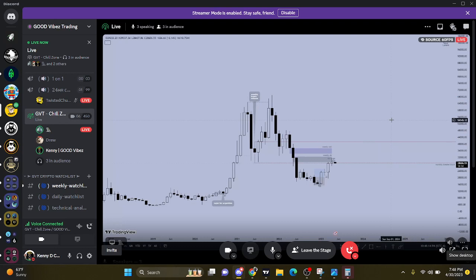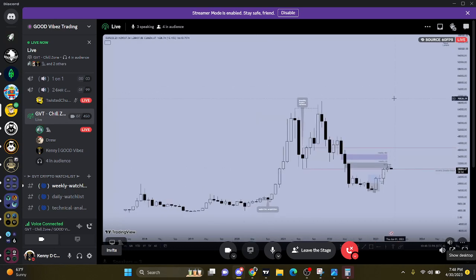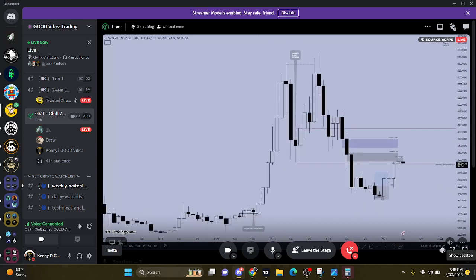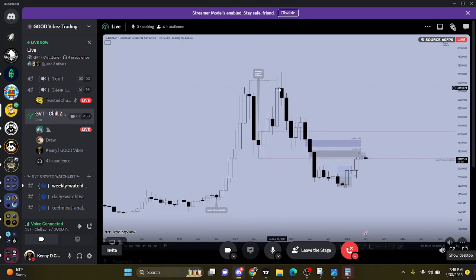Say that part one more time. This is the opportunity for big players in the market to leave at this level, because of the order block. In a bullish market, if this candle closed above this high, this would become an order block, and it would be used to support price going up.